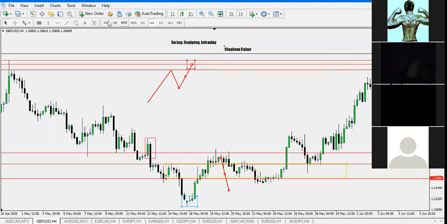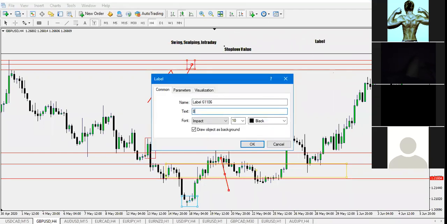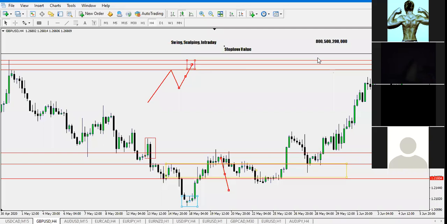So we know that the institutional price levels, like I've showed you in the previous videos, are 800, 500, 200, and then the round number figure. Okay, so not only are those targets, they are also key pivotal points in price action, where price goes to or bounces off or rejects from.